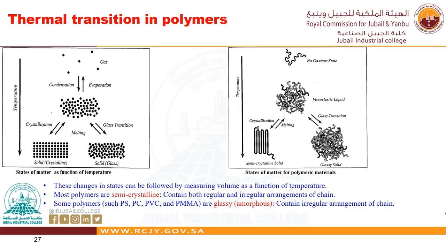Now, the next thing I'm going to talk about is the thermal transitions in polymers. The thermal transitions in polymers usually involve the changes that take place when you heat a polymer. Let's look at an example of small molecules. For example, water: ice is solid, and when you increase the temperature, it will melt and become liquid, and when you increase the temperature further, it becomes vapor, and this vapor can condense back to liquid, and then crystallize or freeze back to solid.